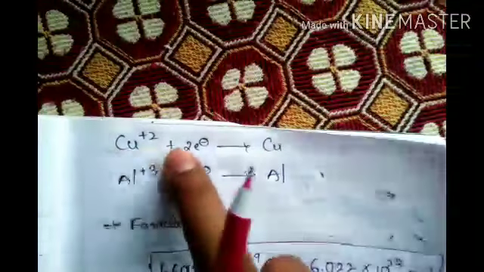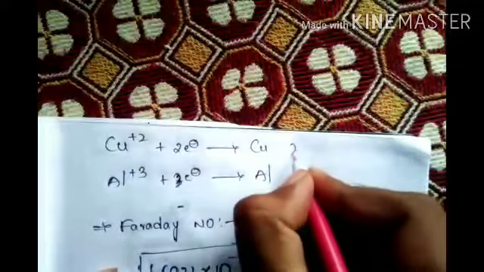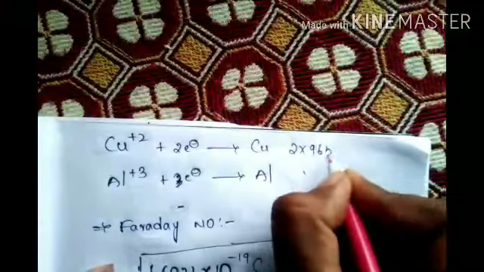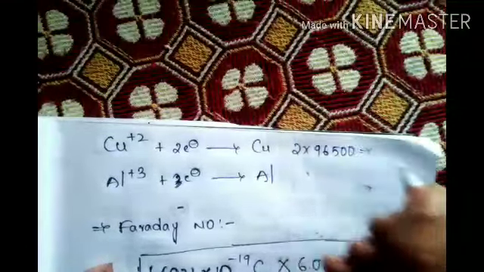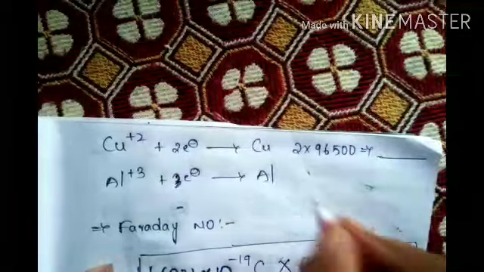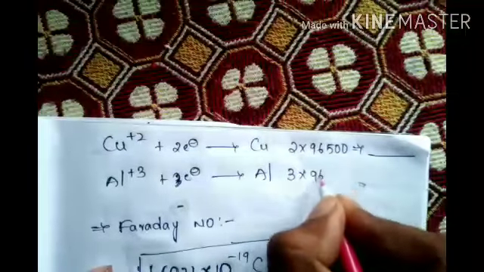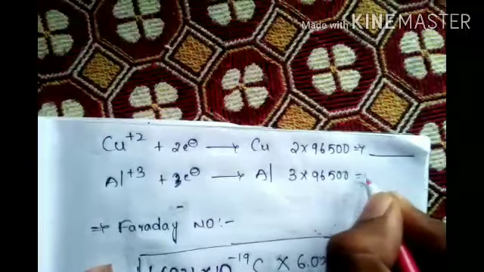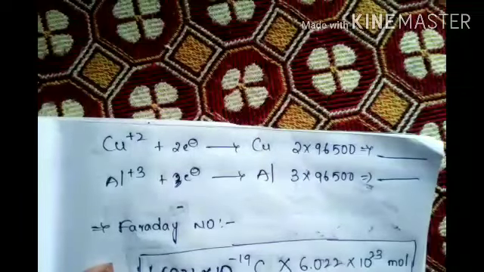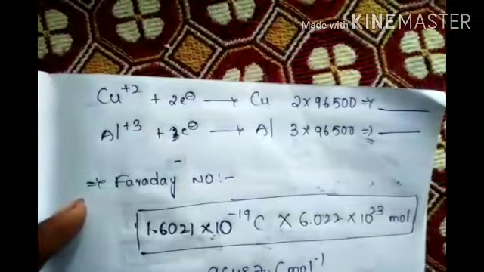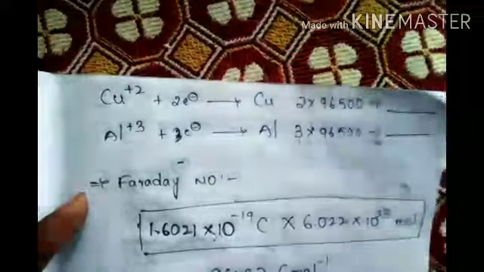For example, here 2 electrons are taken, so 2 into 96500 is how much electricity is transferred. And 3 into 96500. Like this, any number of electrons, don't care.